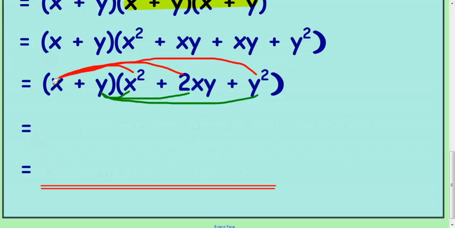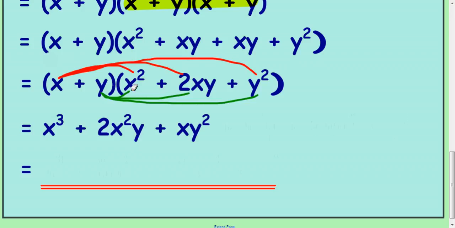Right, let's do the red ones first. So x times x squared is x cubed. x times 2xy. Well, just do the x times the x to get x squared and put the 2y. So it's 2x squared y. x times y squared, that's xy squared. Okay, this one, y times x squared.